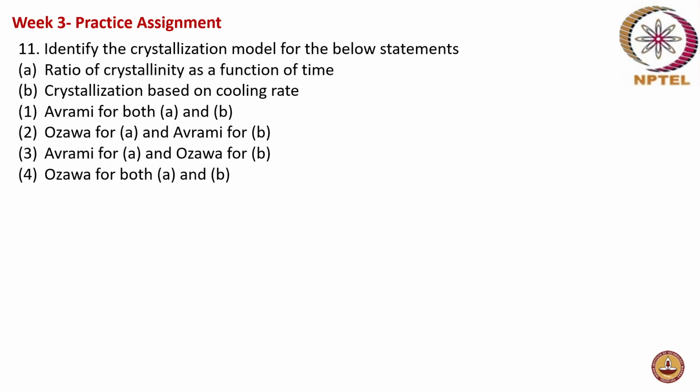So the options are whether both are described in the Avrami model, or both in the Ozawa model, or whether the ratio of crystallinity as a function of time is described in Ozawa and crystallization based on cooling rate is described in Avrami, or vice versa. That is, the ratio of crystallinity as a function of time is described in Avrami and crystallization based on cooling rate is described in Ozawa. Which of these is right?